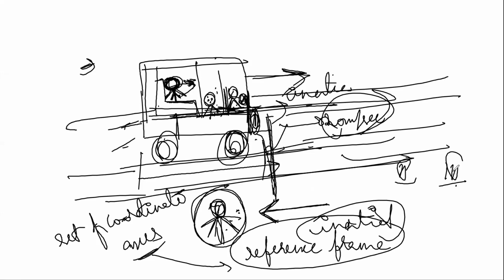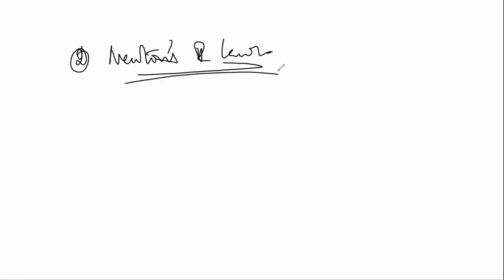Okay. Now let me go for Newton's second law. So Newton's first law is called the law of inertia. Now go for Newton's second law. On the basis of this law, we understand the relation between force and acceleration.